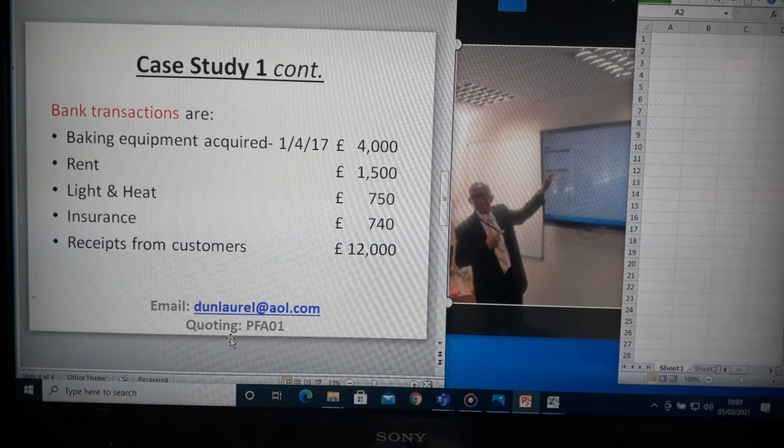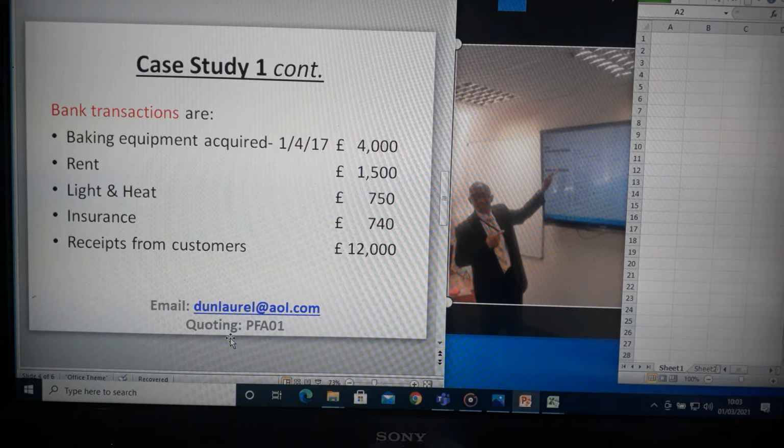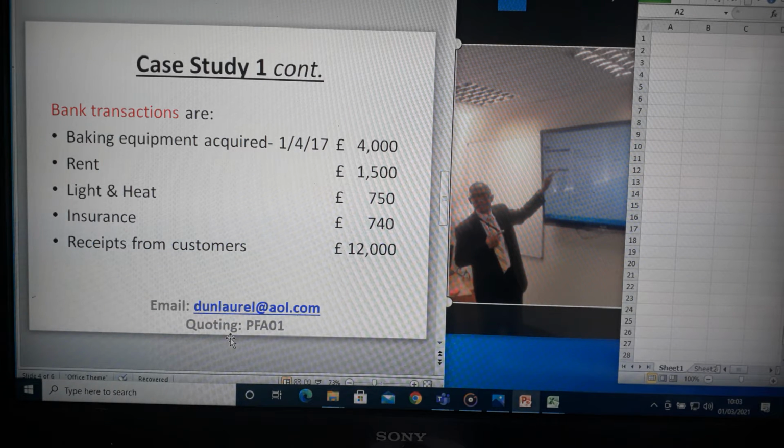The point here is every settlement under this heading goes through the bank. So on 1st of April 17, she bought equipment for 4,000, baking equipment. She paid rent 1,500 during that period. Light and heat 750, insurance 740, receipts from customers that went straight to the bank were 12,000.